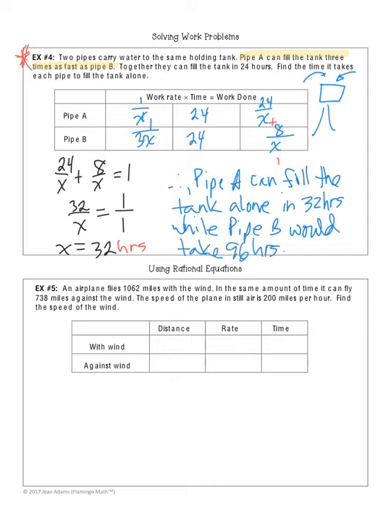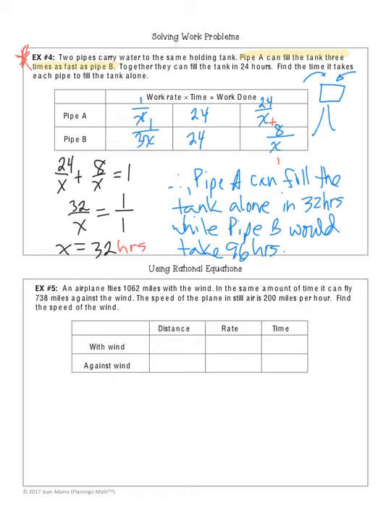So as you can see, if we had flipped it around, these would have been flipped around, and then pipe A would not have been faster. So think back through why we did these reversed, and it hopefully will make a little bit more sense if you ponder that a little bit.